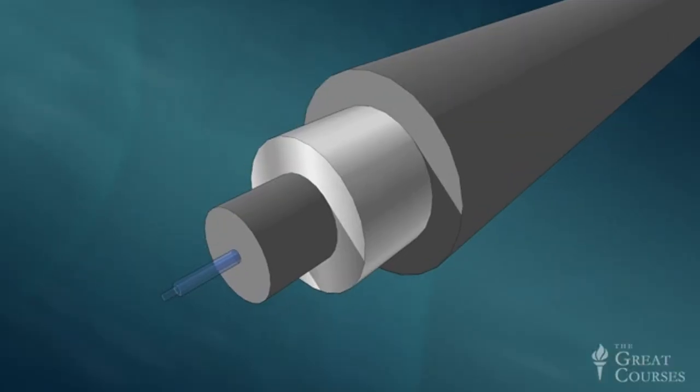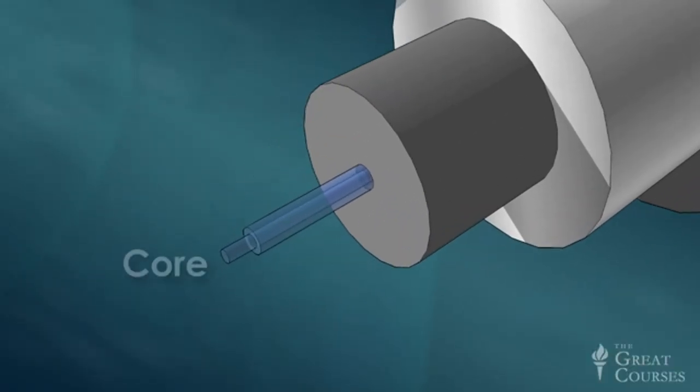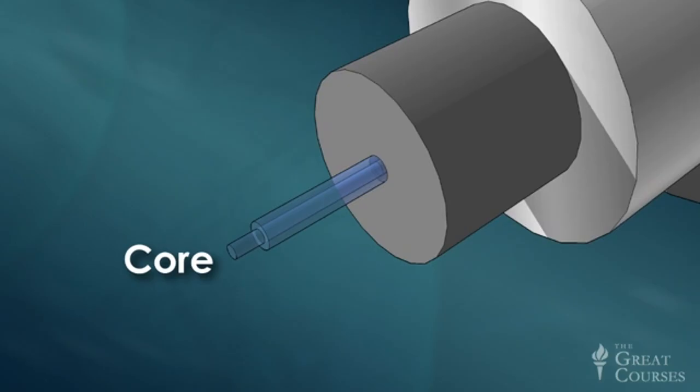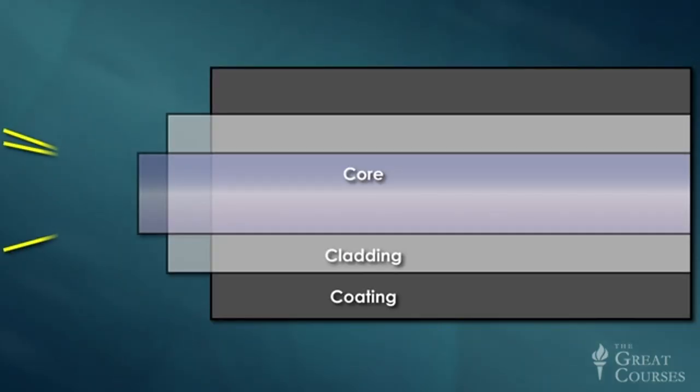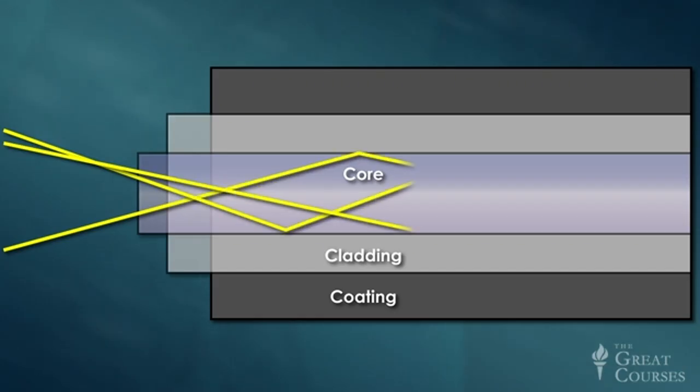The actual fiber optic cable looks like this: an inner core of ultra-pure glass, less than 1/2000th of an inch in diameter, surrounded by a glass cladding with slightly different optical properties. The cladding then serves as a light pipe, containing transmitted light within the core by reflecting it off the boundary between the 2 layers, as you can see here.